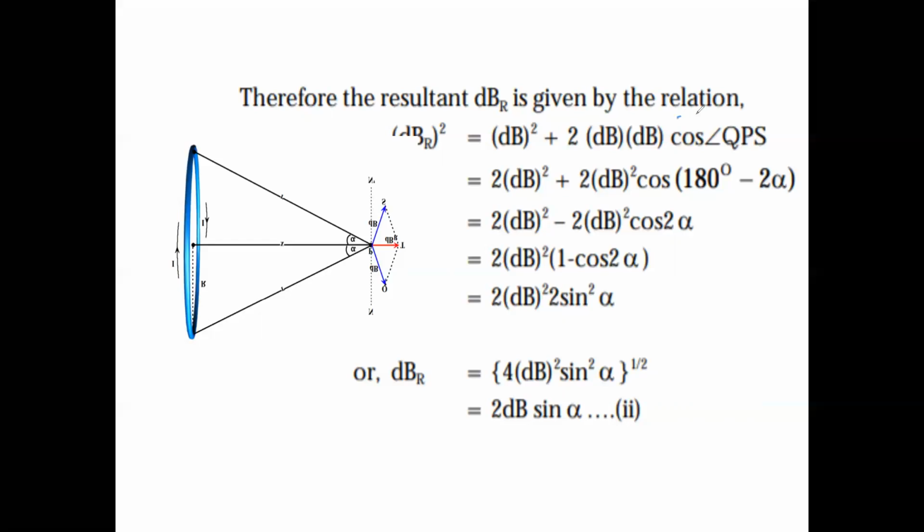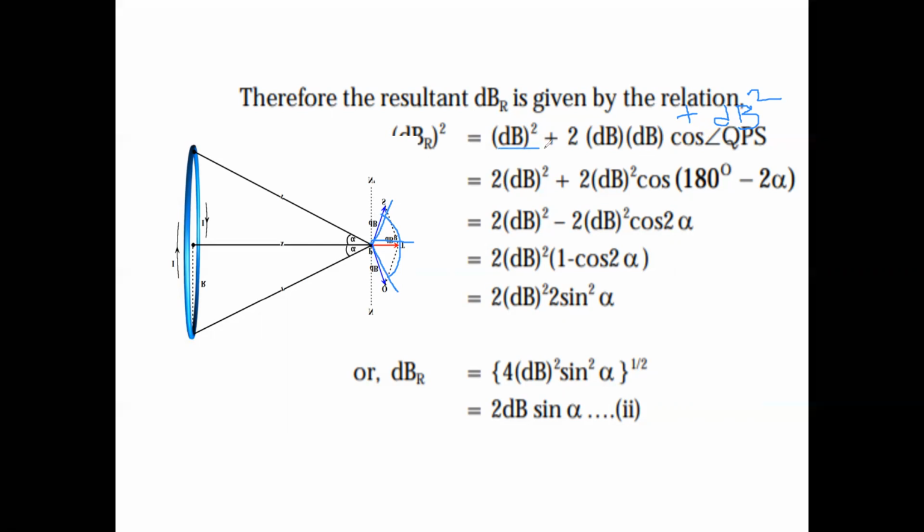So total dBr square is equal to dB square plus dB square plus 2 dB into dB cos of QPS.